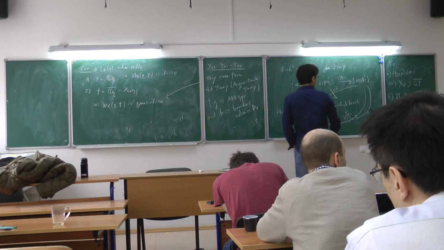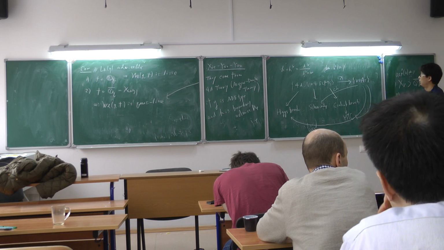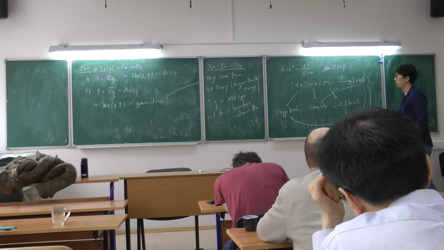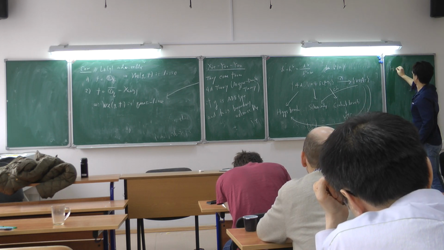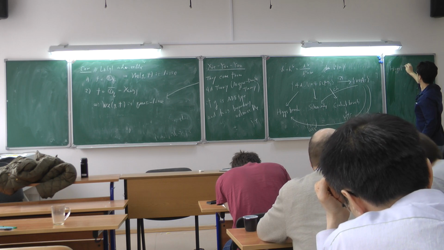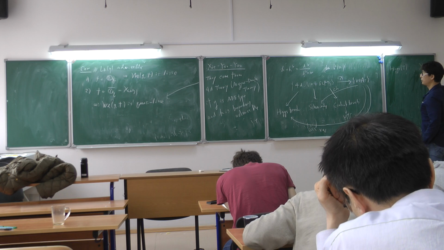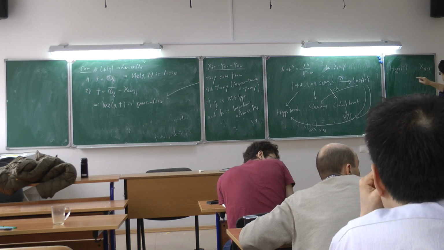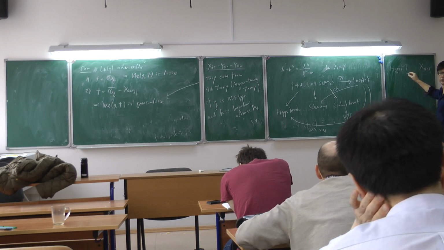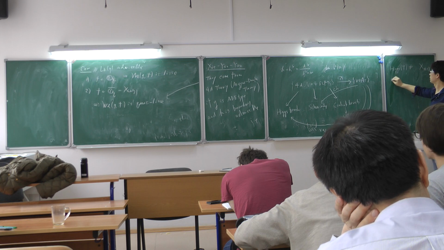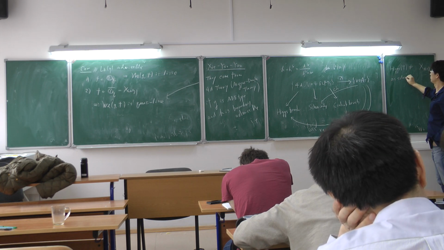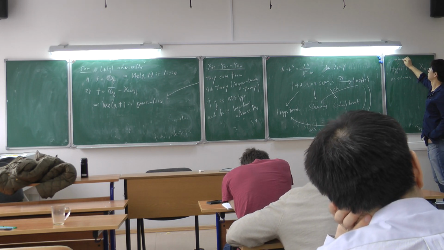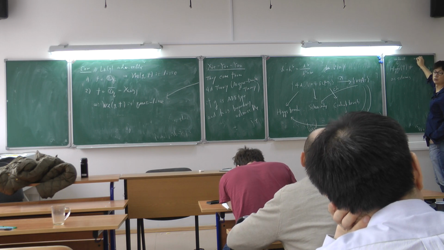And maybe I make some final comment. So Higgs branch. This associated variety should be equal as varieties, but it's not equal as schemes, because this is reduced, and this is usually non-reduced.